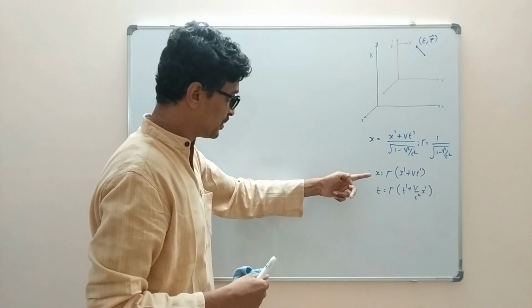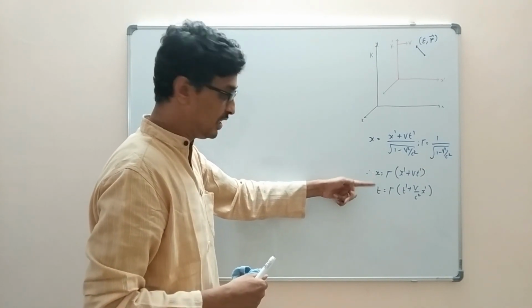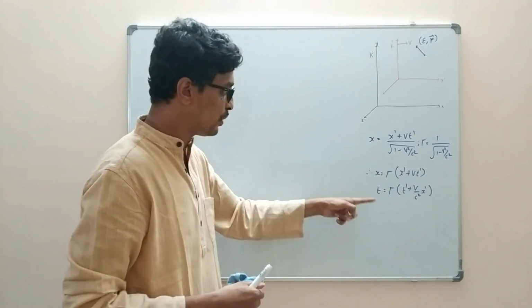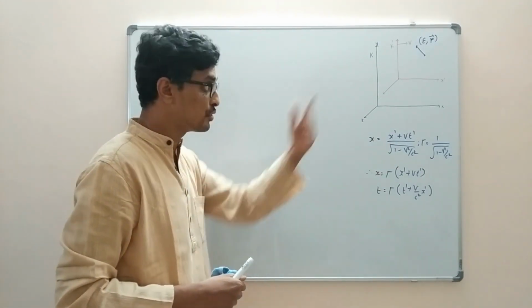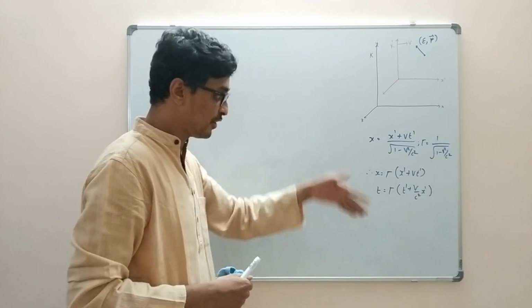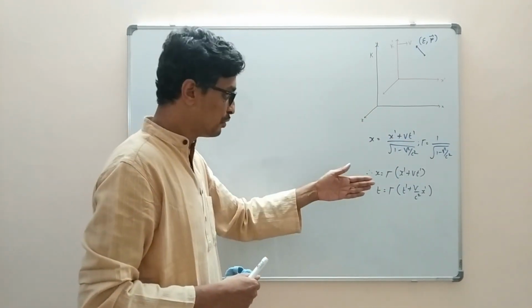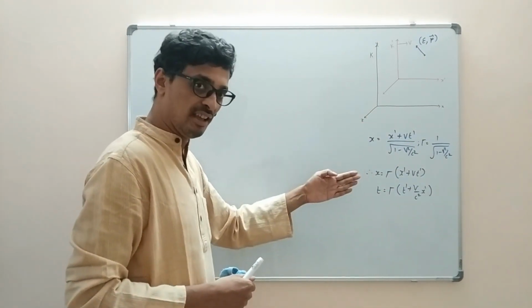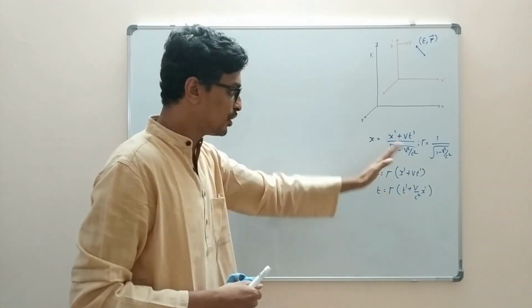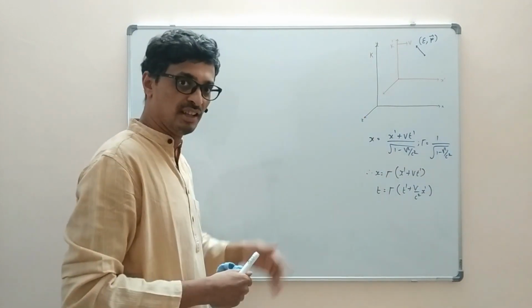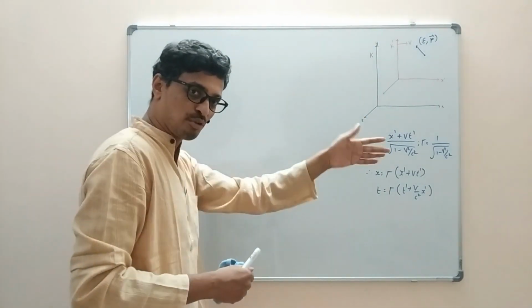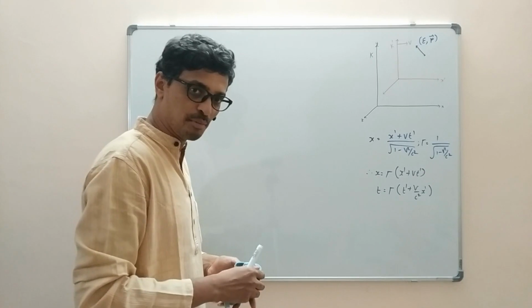For example, if you take the derivative dx by dt, you know dx and dt, so when you take the derivative, it gives how the velocity is transformed between the two frames. Or if after the velocity transformation you substitute v as c and represent the x component of v in terms of cos theta or sin theta, whatever you want, that gives you the transformation of angles, or what is called the aberration of angle.